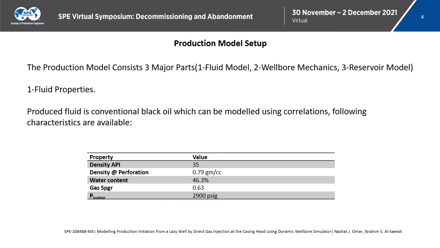It actually reaches somewhere between 46 and 47%, with an associated gas specific gravity of 0.63, and the saturation pressure is 2900 psig. The fluid has been modeled using correlations, since it's a conventional black oil model.